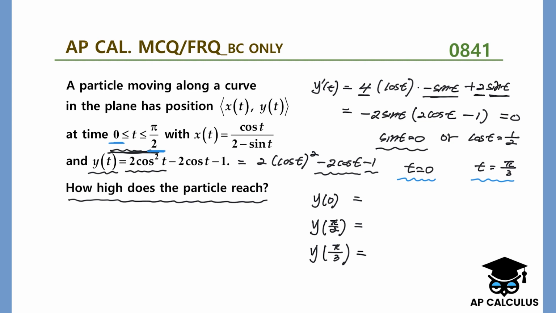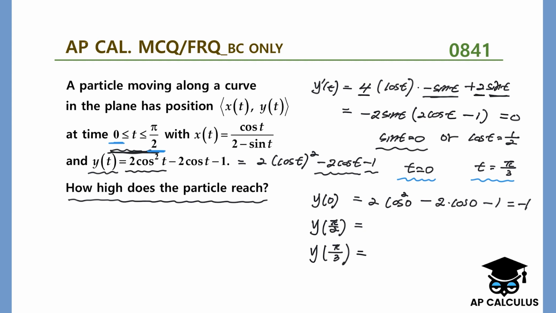Y of 0: 2 times cosine 0 squared, cosine 0 is 1, so that's 2 minus 2 times cosine 0, that's 2 times 1, minus 1. That's 2 minus 2 minus 1.